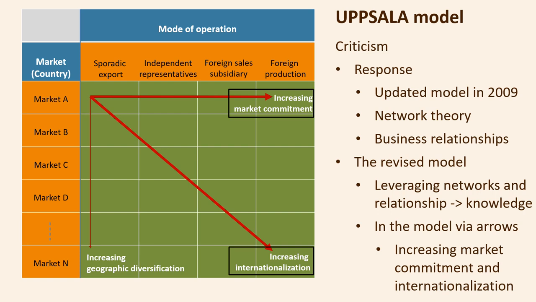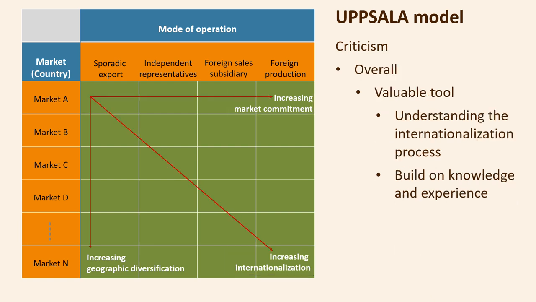This is implicit in the model via the arrows towards increasing market commitment and internationalization. Overall, the Uppsala model remains a valuable tool for understanding the dynamic and incremental nature of the internationalization process, which involves constantly building on one's knowledge and experience.